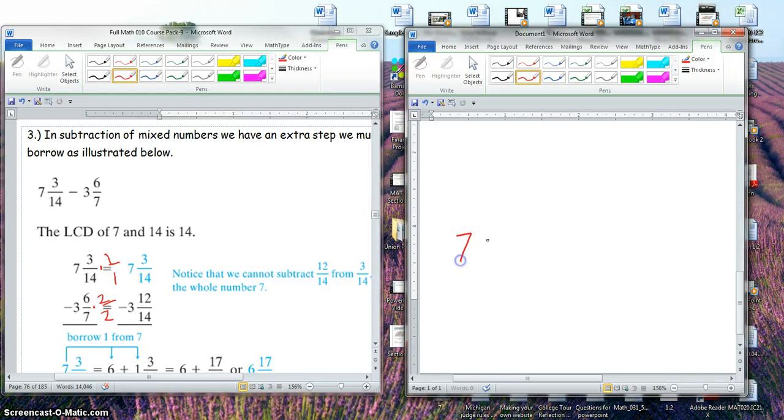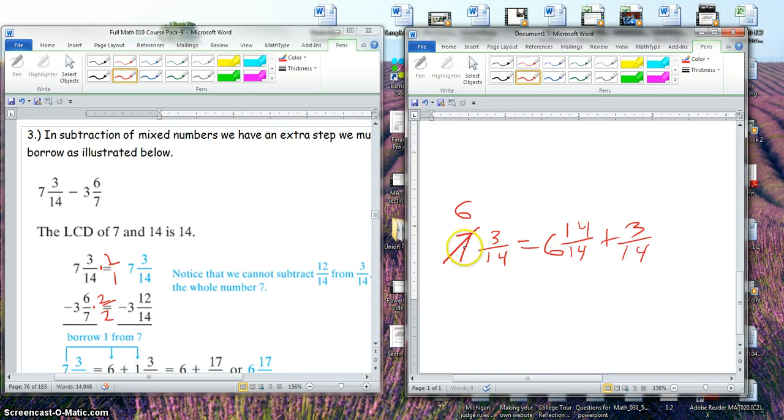So I'm going to write this here, 7 3/14. We borrowed 1 from that 7, so that's a 6. So this is really 6 plus 14 over 14 plus 3 over 14. The reason this is 14 over 14 is that whatever the denominator of the fraction you already have is, the 1 that you borrow will have that same number as the numerator and denominator.